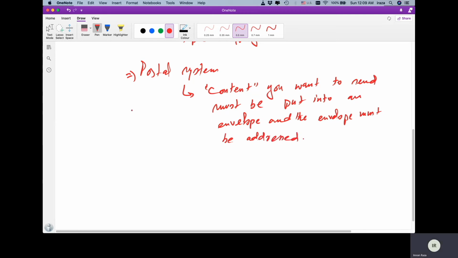So in the case of our packet switched network, the envelope is basically the packet header.